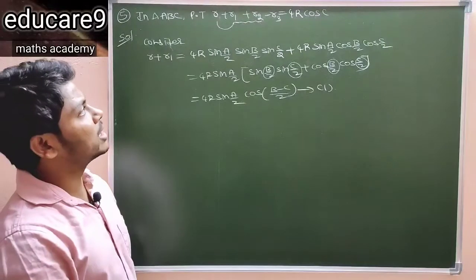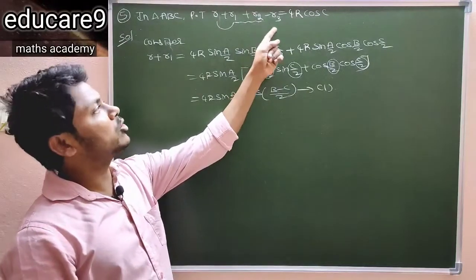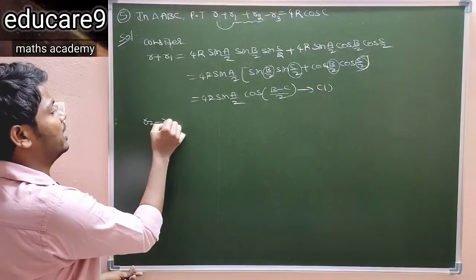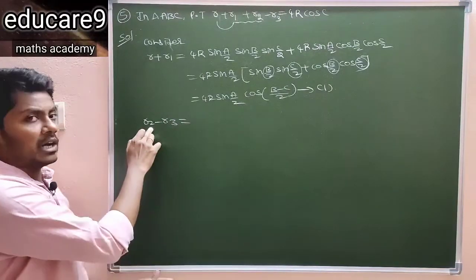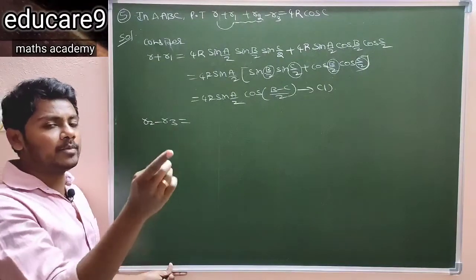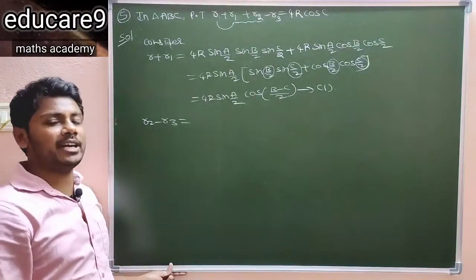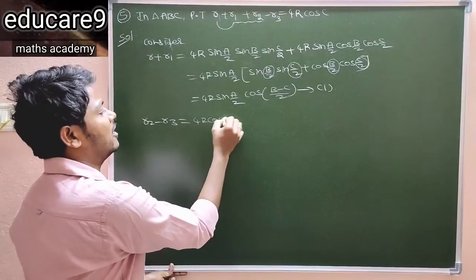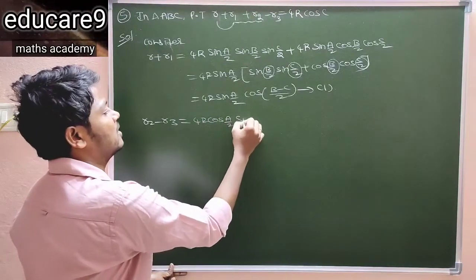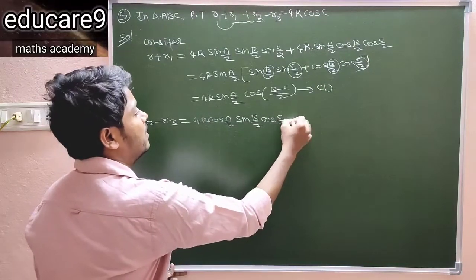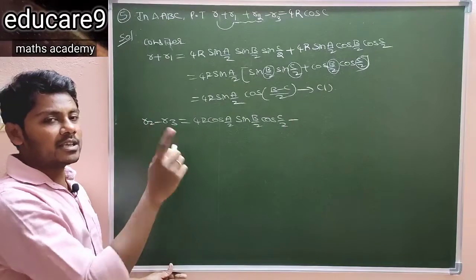And second one, r2 minus r3. You can consider r2 minus r3. r2 formula, here suffix is 2. So clearly the second term is sine and the remaining two terms are cos. That is 4R cos A by 2 sin B by 2 cos C by 2, minus r3, suffix is 3.